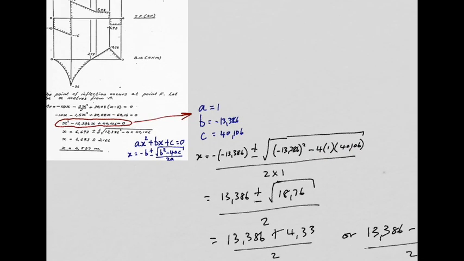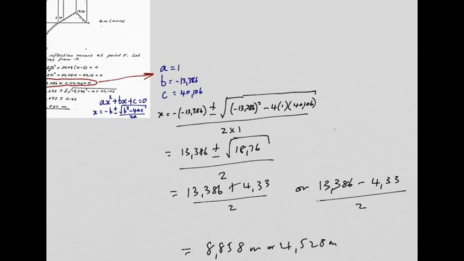So you can take that a step further. Minus times a minus gives you a plus 13.386. Minus 13.386 squared becomes positive. Subtract that from it and you get that inside the square root sign all over 2a, which is 2 times 1, so we just got 2 at the bottom.